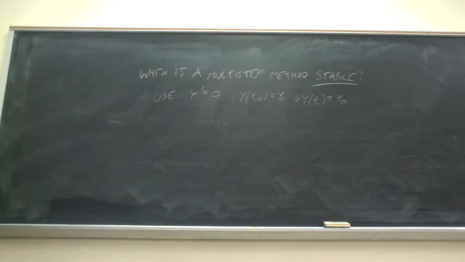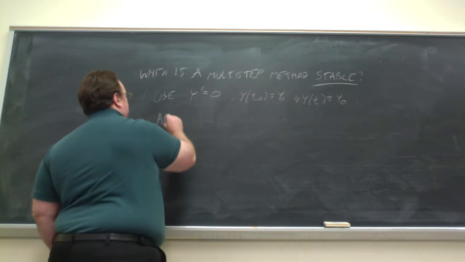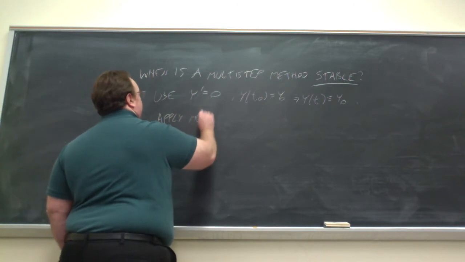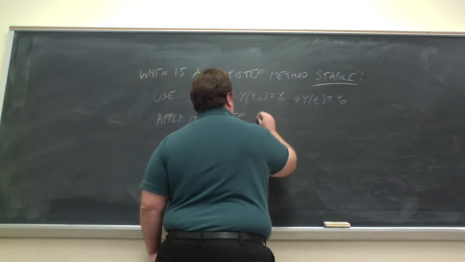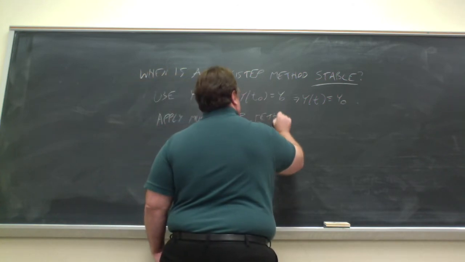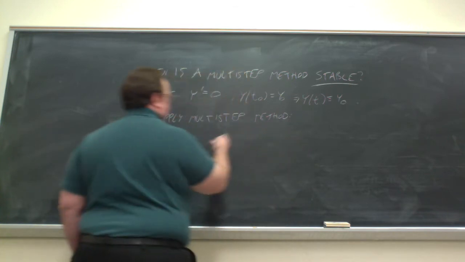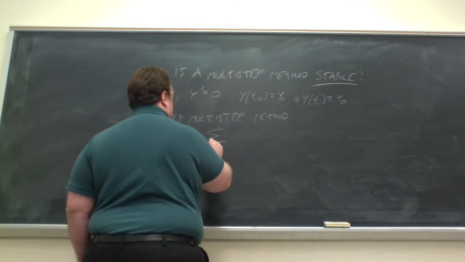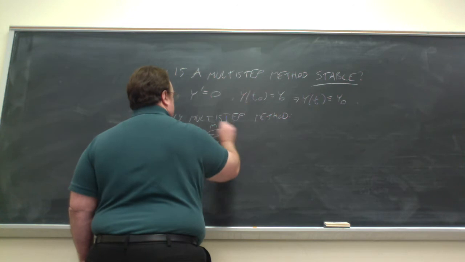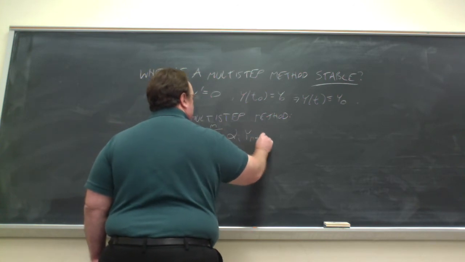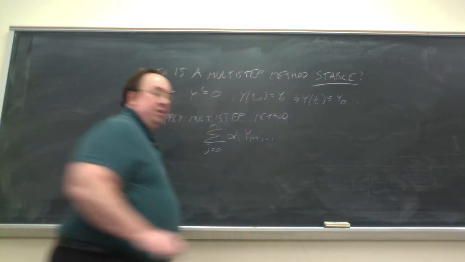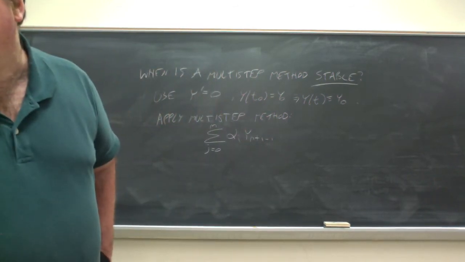Now, suppose we apply a given multi-step method to this trivial equation. Well, we'd only have the left side. We have a combination of alphas and y and, oh jeez, dang it.